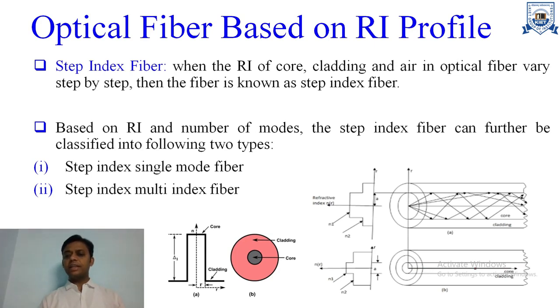So these are step index single mode fiber. Now, second is step index multi-mode fiber. More than one mode is transmitted through the optical fiber, and these fibers have a larger core diameter than single mode fiber. So these are known as step index multi-mode fiber.